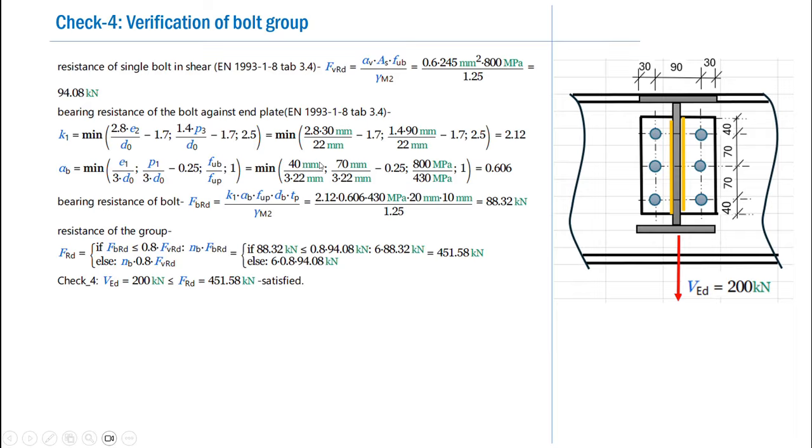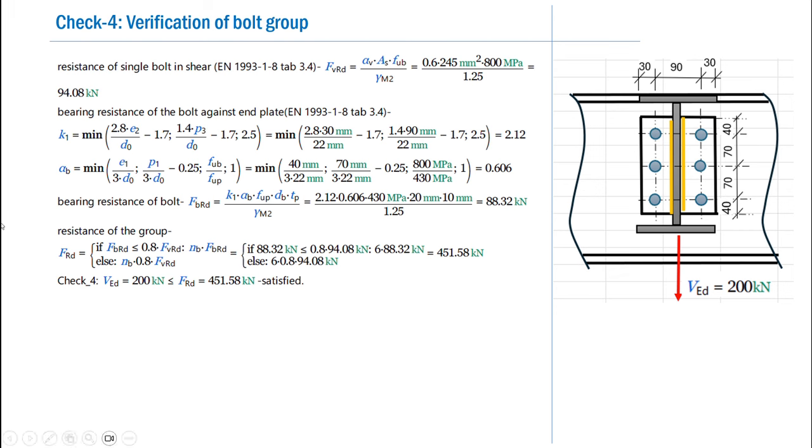Now we need to obtain the bearing resistance of the bolt against the end plate, and this is done again using the expressions given in Table 3.4 of EN 1993-1-8. Here we have two coefficients, k1 and alpha b. K1, as you can see, needs to be evaluated in the direction perpendicular to the application of the load.